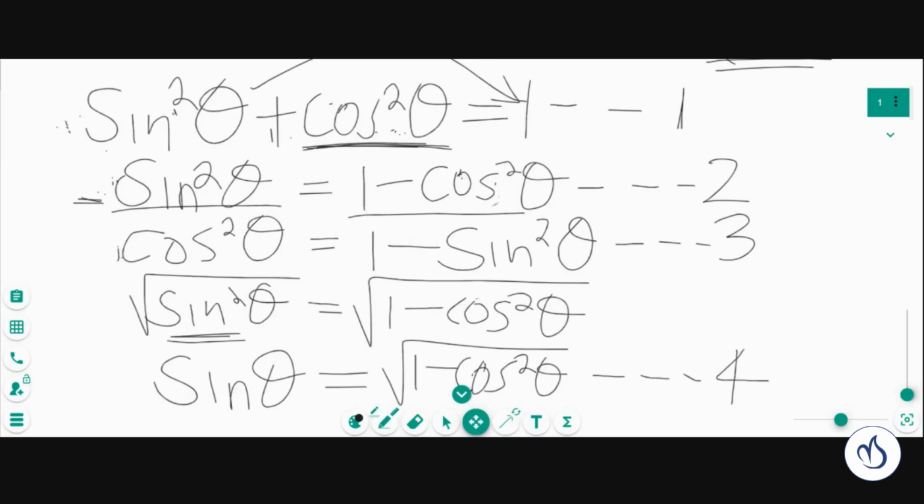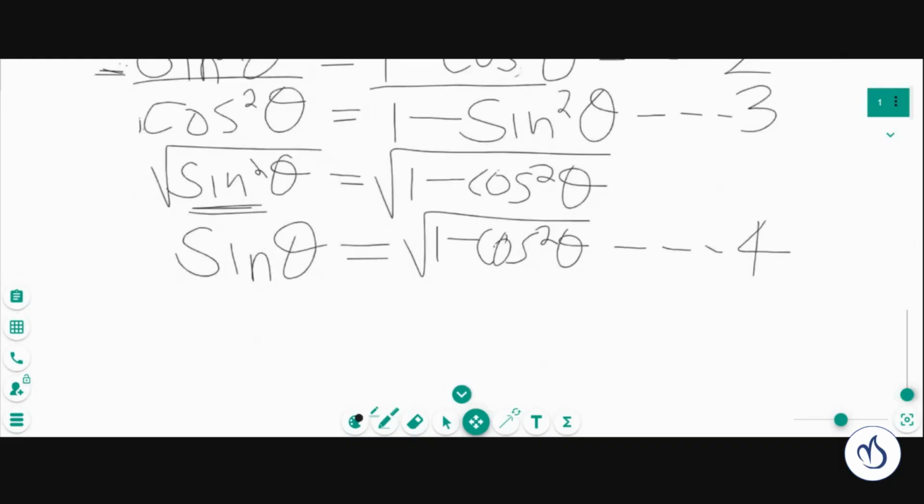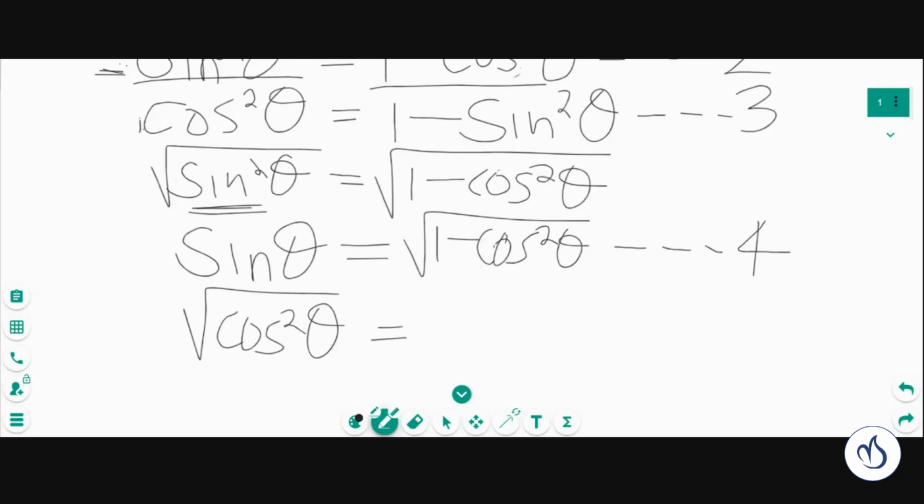Like I have done for sine by taking the square root on both sides, let me also do it for cos. Cos squared theta, I take a root on this side, and I also take a root on the other side. So it is the same as the root of 1 minus sine squared theta.